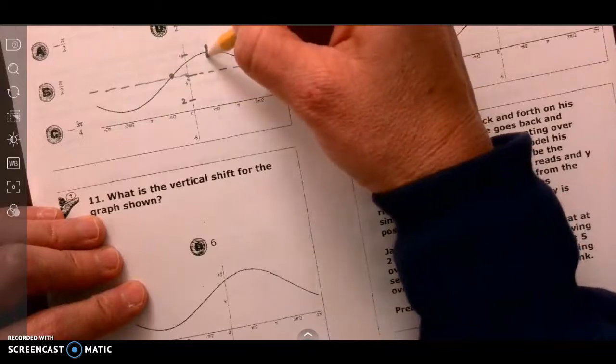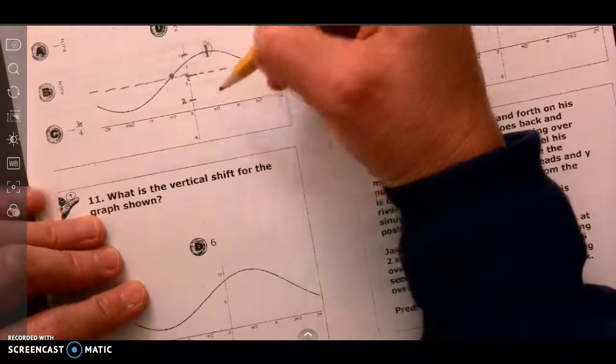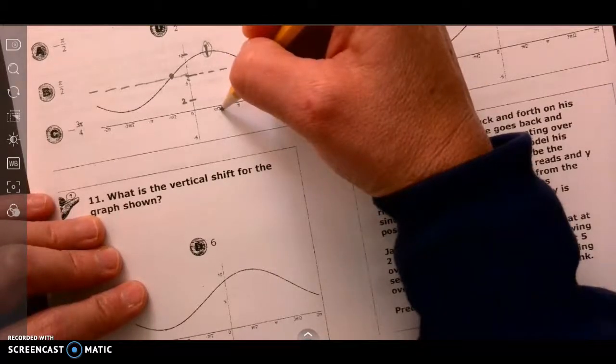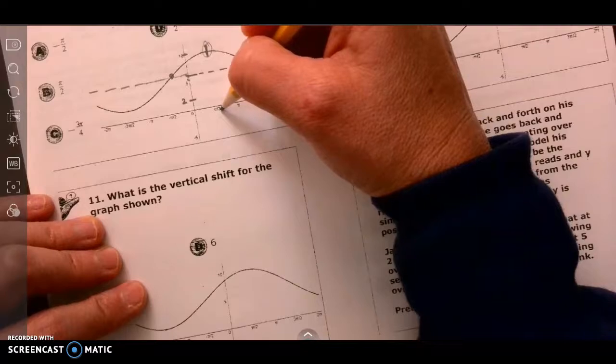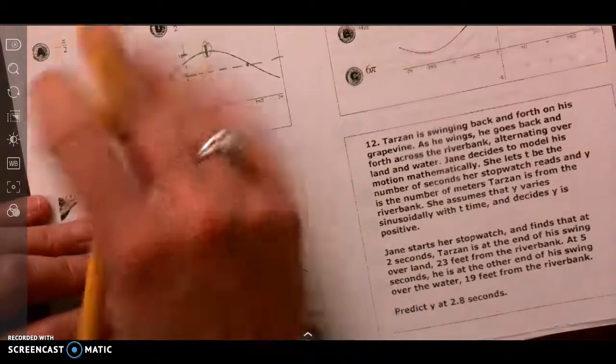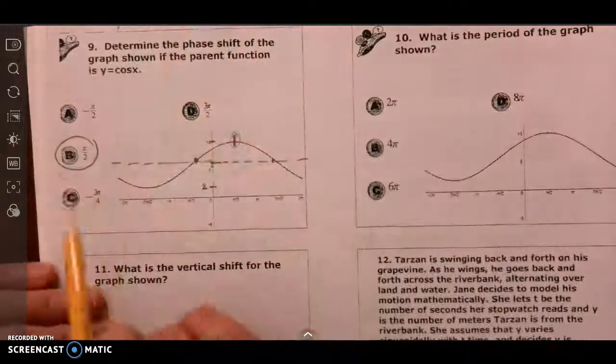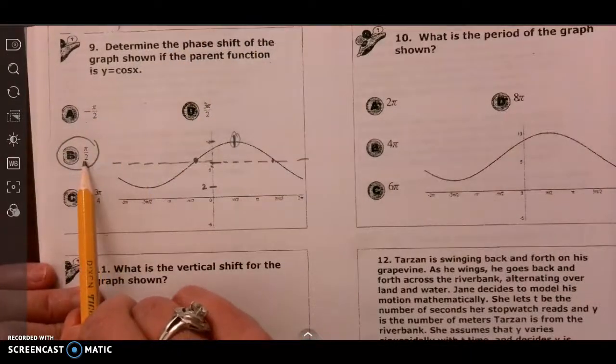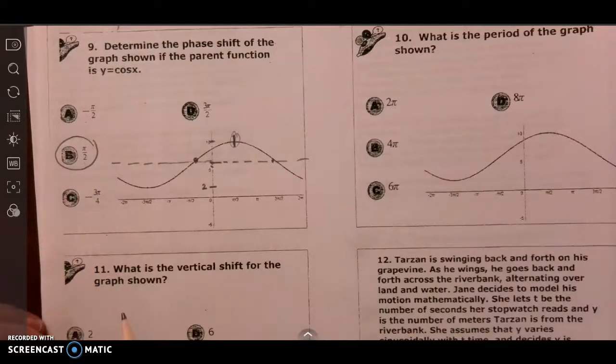And for cosine, that is to the right pi over 2, and they want the actual phase shift, which is positive pi over 2 then. The C value would be negative, but the actual phase shift is pi over 2.